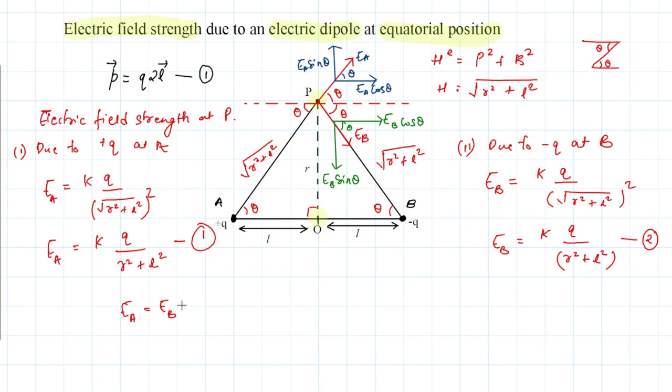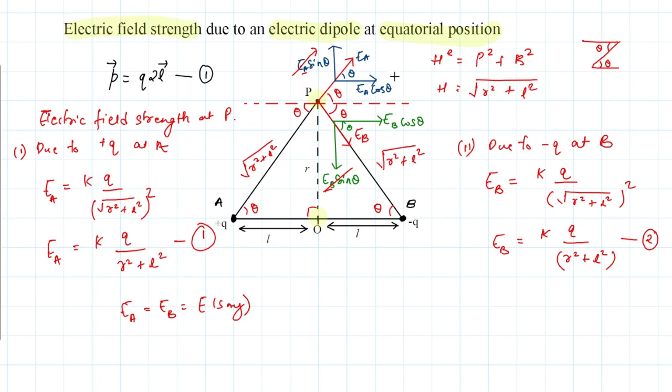Since they are equal, we'll just write it as E. Now the EA sin theta and EB sin theta components are equal in magnitude and opposite in direction, so they cancel out by symmetry.